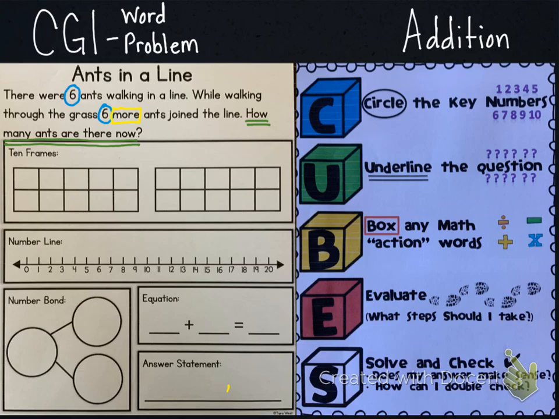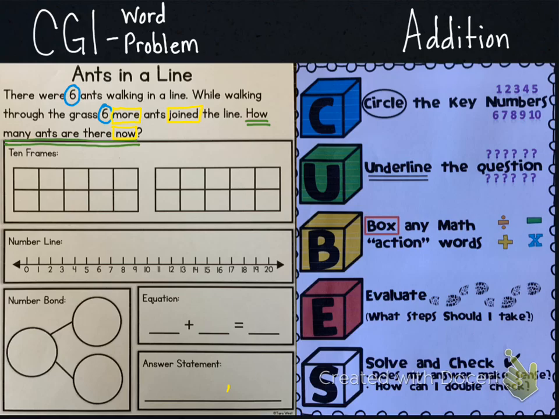Now I'm also going to take my yellow too, because I need to know what other important words there are. More is an important word, and joined. Join means that you're putting more than one thing together. And it says, how many ants are there now? We want now, because they want to know together how many there are.